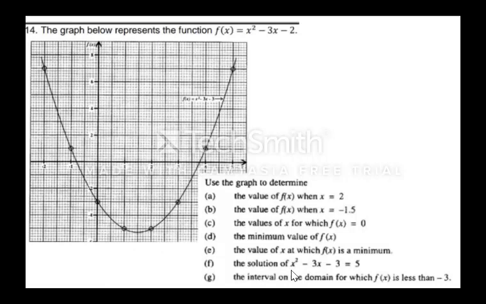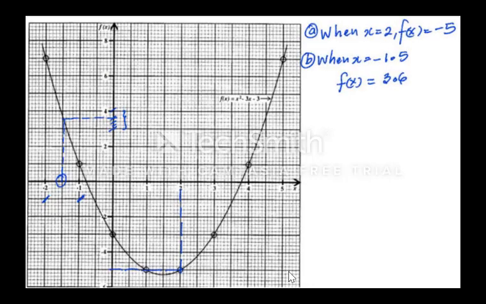All right, next question. The value of x for which f of x is equal to 0. In other words, what is the value of x at the point on the graph where y is 0? First of all, the x-axis is the line y is equal to 0.